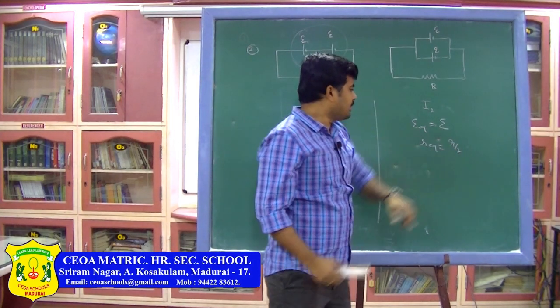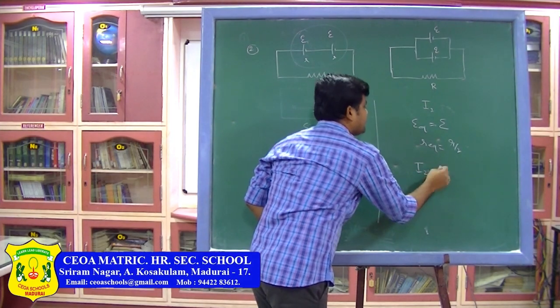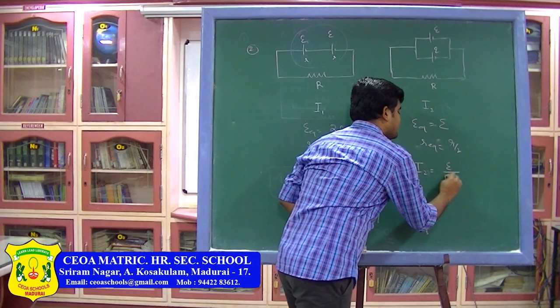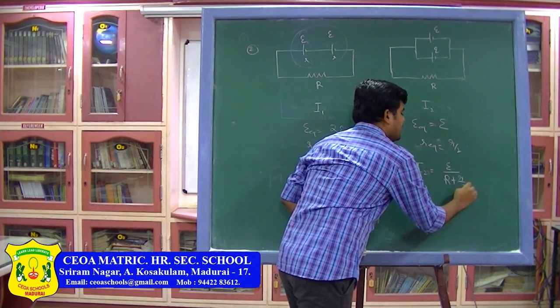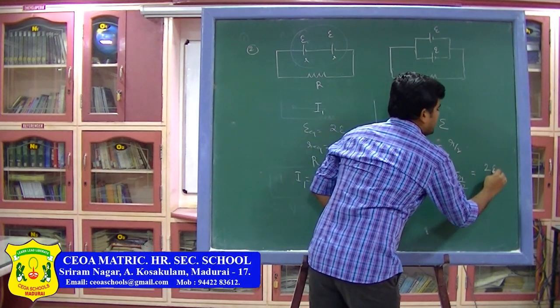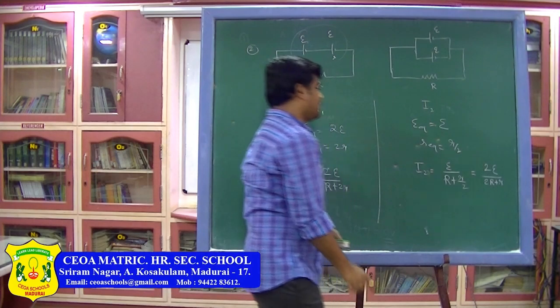So, small r by 2, and the external resistor is given. Therefore, the current in the circuit in the second case is the total EMF divided by the total resistance, capital R plus small r divided by 2. Simplifying this, you get 2E divided by 2 capital R plus small r. So, this is the current in the second case.